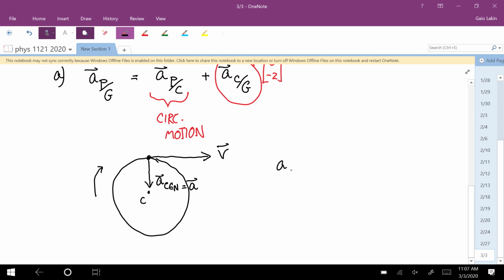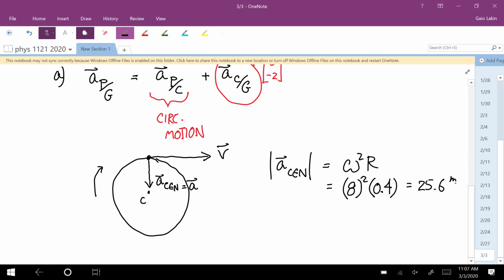But the magnitude of the centripetal acceleration is omega squared times the radius. So that's 8 squared times the radius of 0.4. So 64 times 0.4, what's the number there? 25.6, and that's meters per second squared.